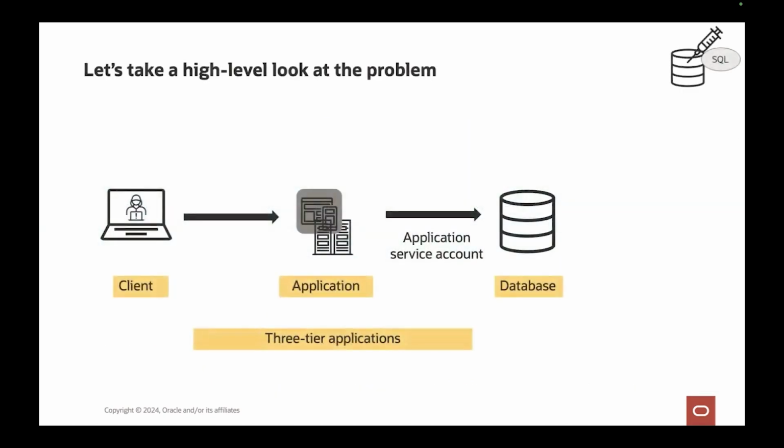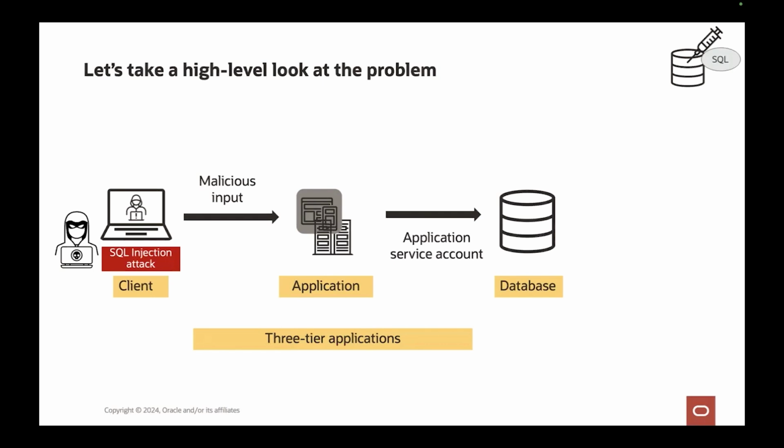Now, let's take a high level look at the problem to appreciate why we have developed such a solution, right? At a high level, in a typical 3-tier application, you will have client, application, and the database. The client issues the queries to the application. The application typically has a service account which connects to the database.